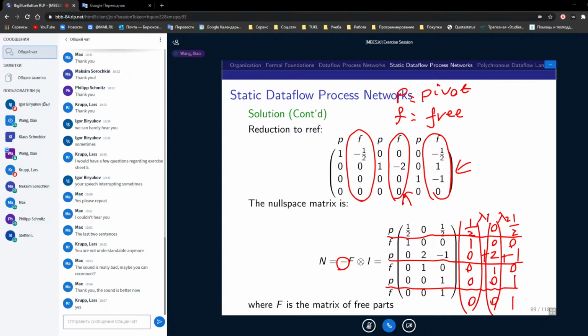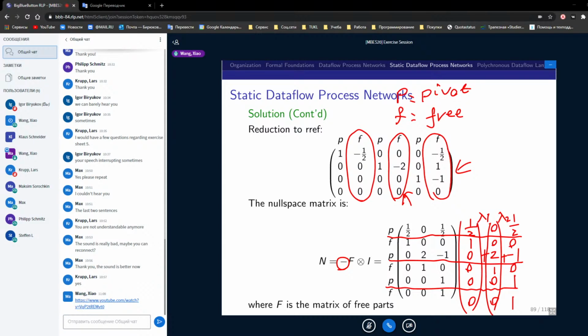I hope this is understandable. Let me summarize. First, you find the reduced row echelon form, and you find out the pivots and the free parts. For the pivots, you write the minus of the free parts.